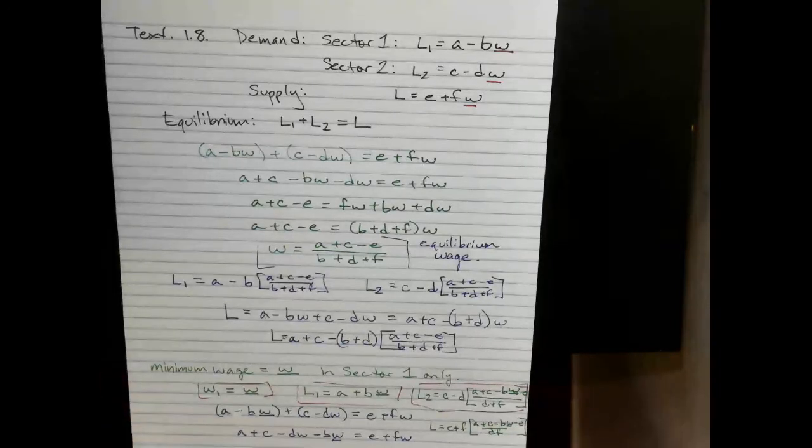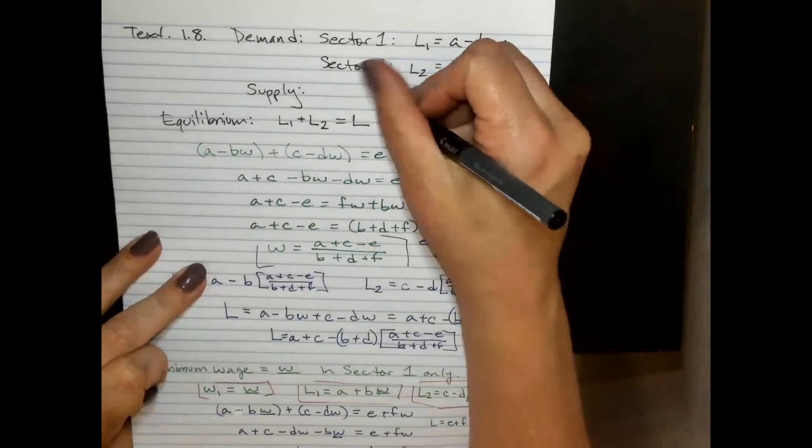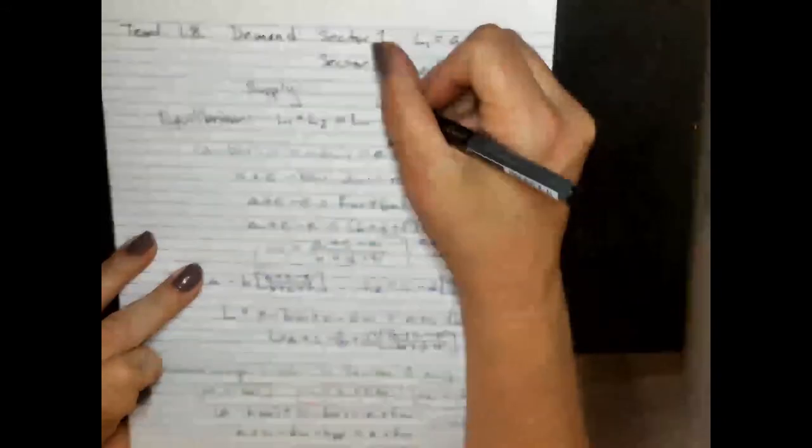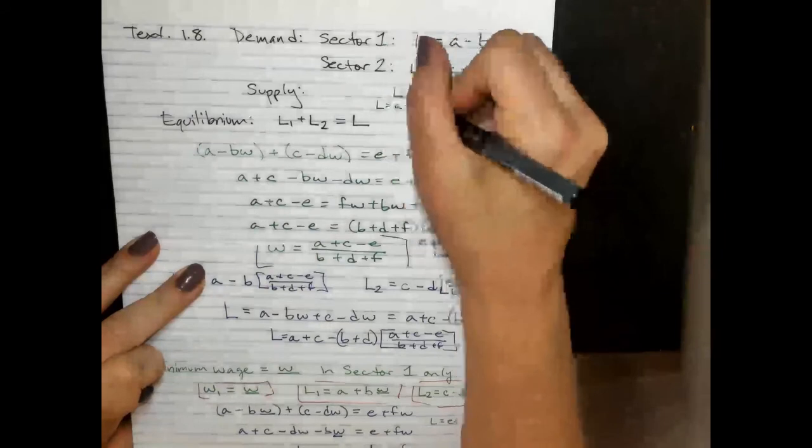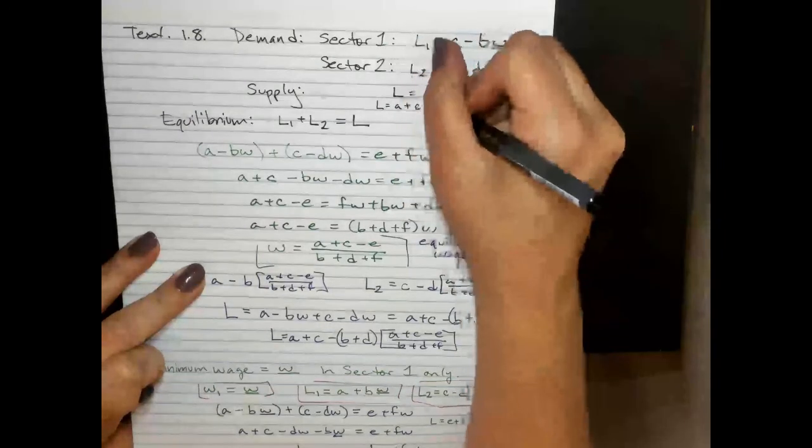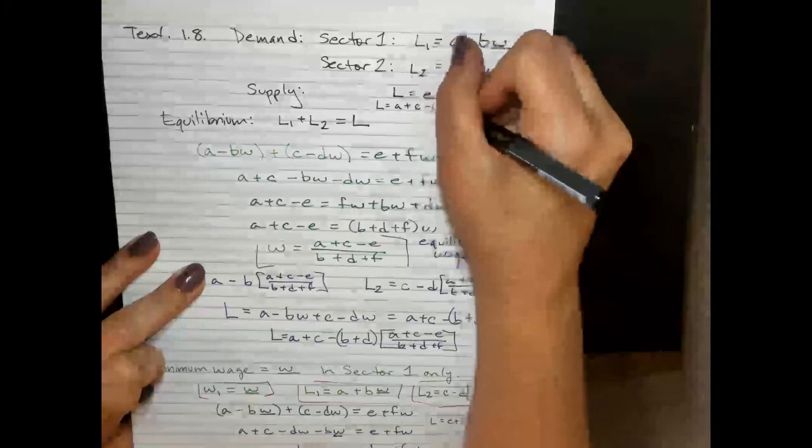So we could also solve for L, the labor supply, as being L equal to A plus C minus D plus B times W bar, if the minimum wage was over everything. So that's how you solve that problem, okay?